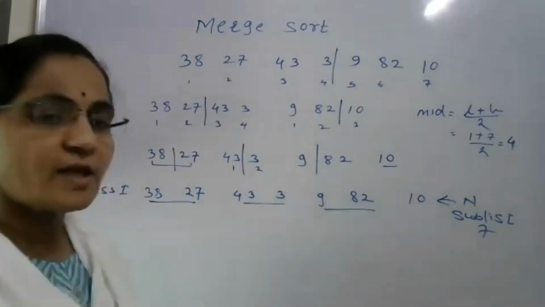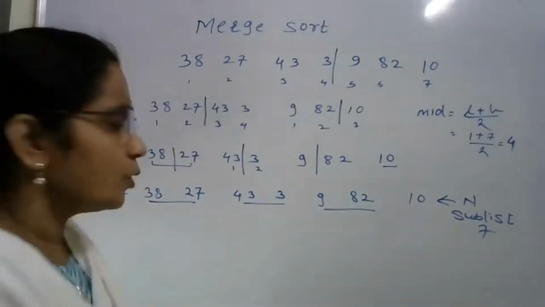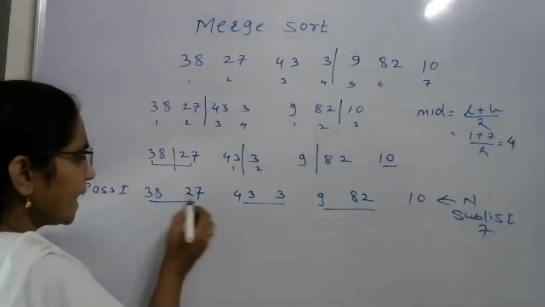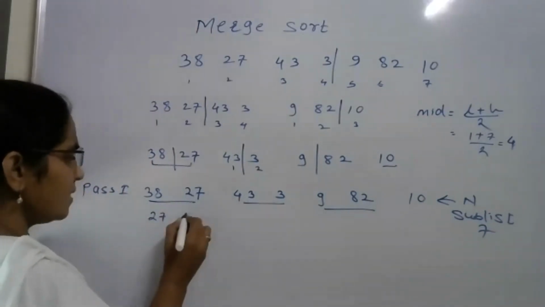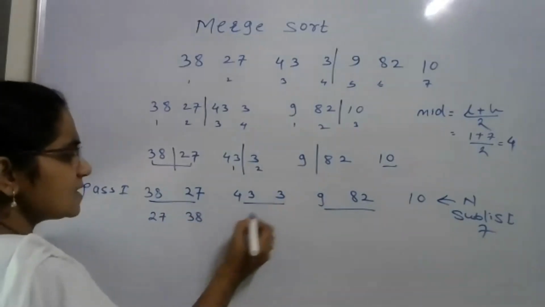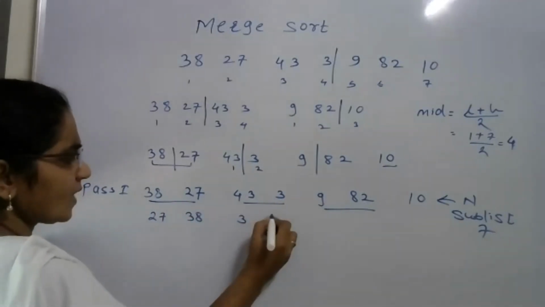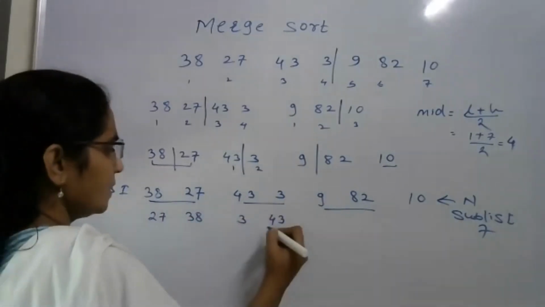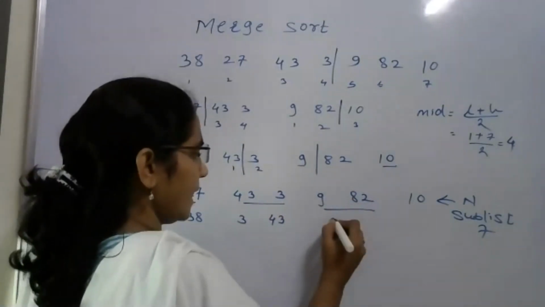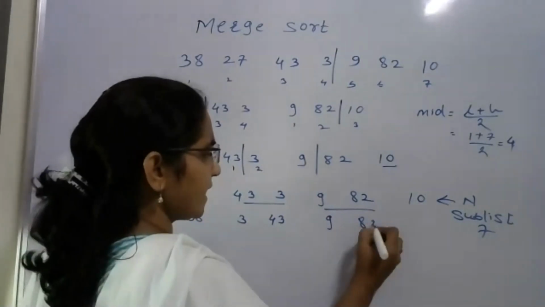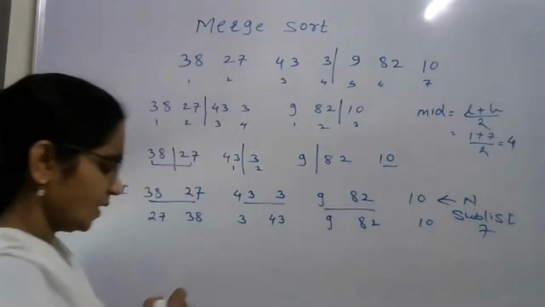After merging the pairs, you do the sorting. 38, 27: which element is less? 27. So here 27, then 38. In this, 3 is less, so 3 and then 43. Then 9, 82, so as it is 9, 82, and then 10.